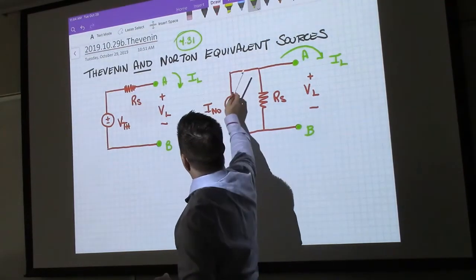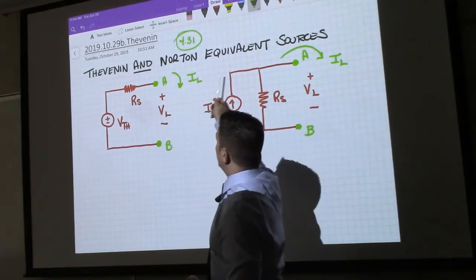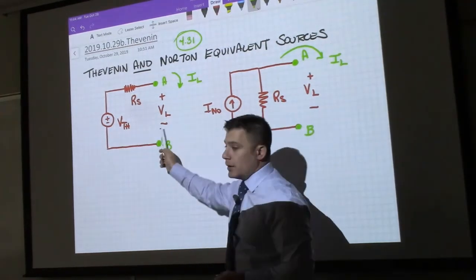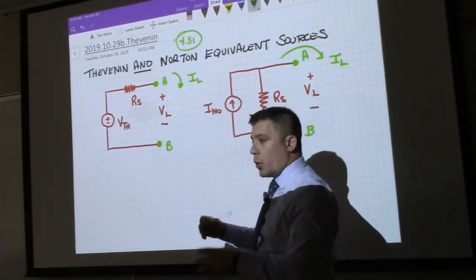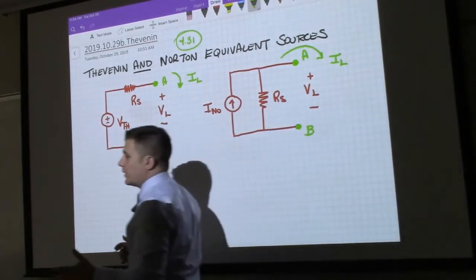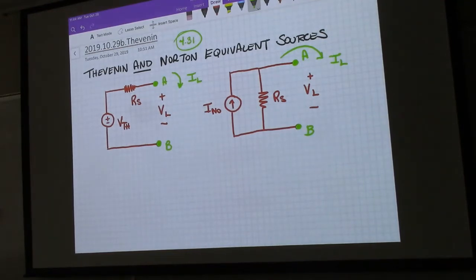So the Thevenin and Norton sources are not only equivalent to each other, but they are also equivalent to more complex circuits, assuming that we do everything properly.